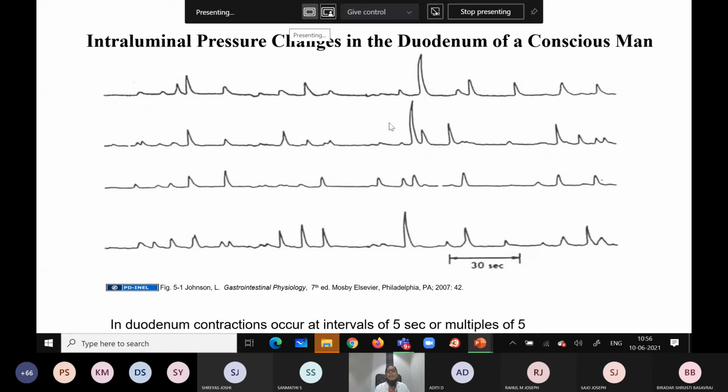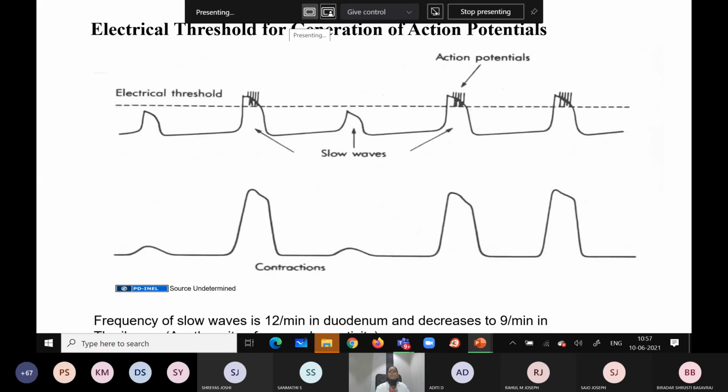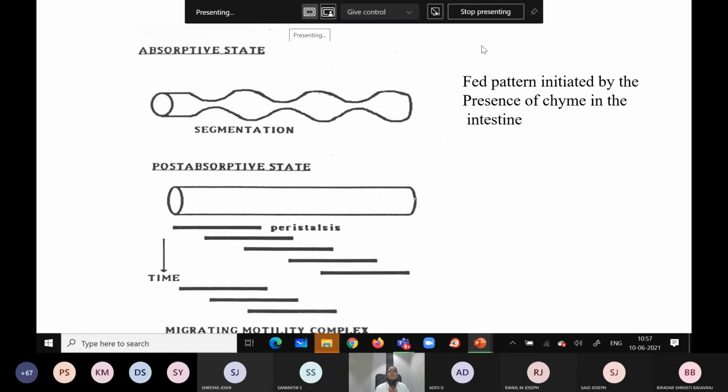Basal electrical rhythm. In between, spike potential. So, in the duodenum contraction occurs at an interval of 5 seconds or multiples of 5. Each contraction occurs at multiples of 5.